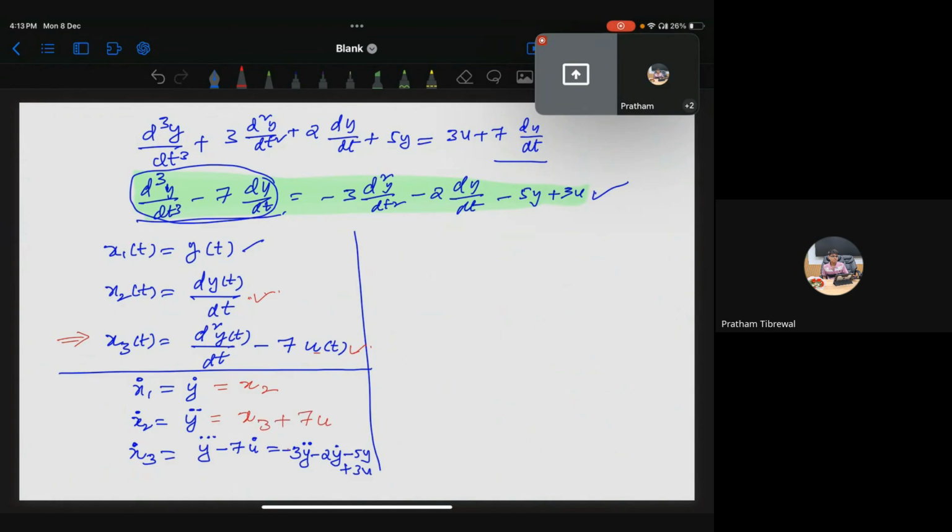Correct? Yes or no? What is the last one? Minus 3 Y double dot is nothing but what? X3 plus 7U. Correct?